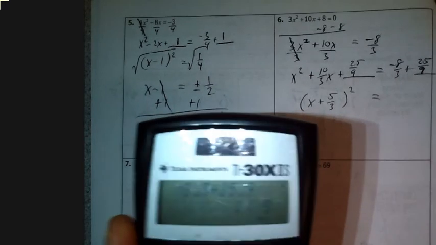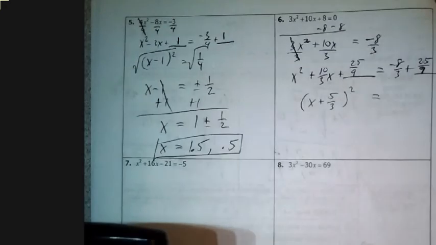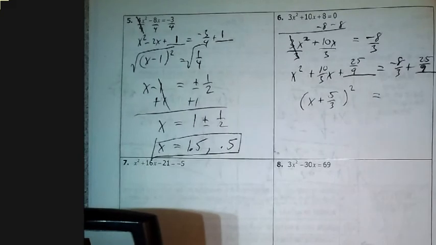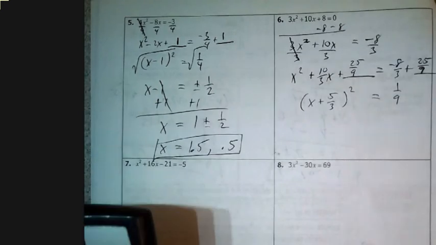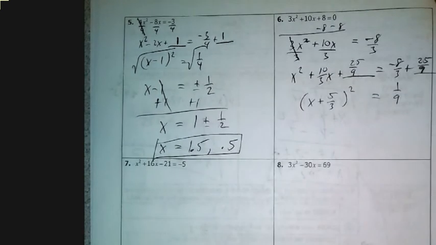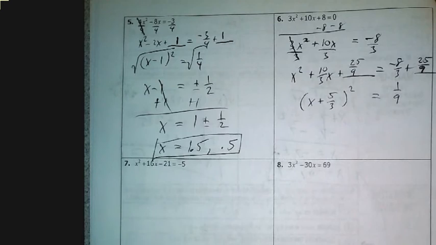When you do that, it comes out to be 1/9. This is going to work out nicely. It didn't look like it was going to work out nicely, but it is. You just have to be disciplined enough to stay with the problem when you're dealing with fractions. It's not a big deal.